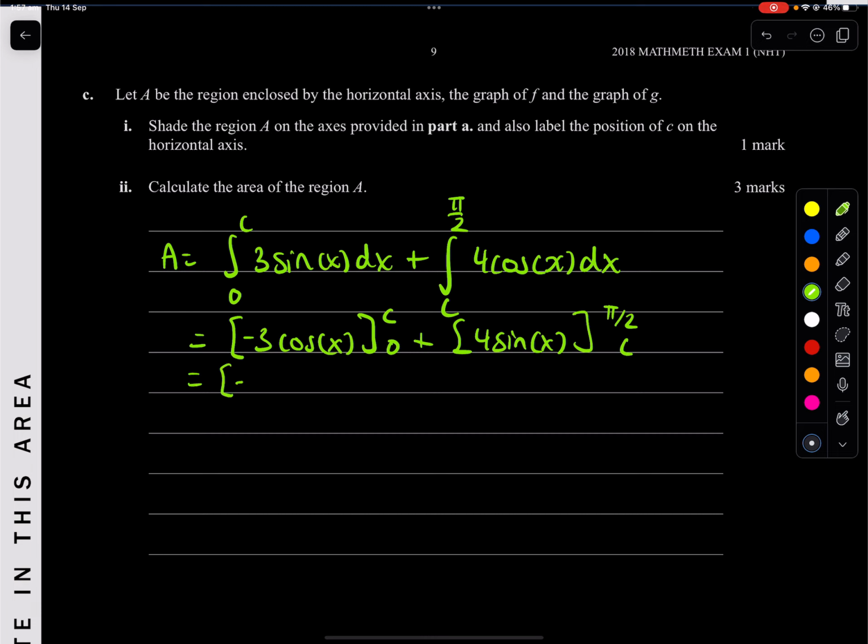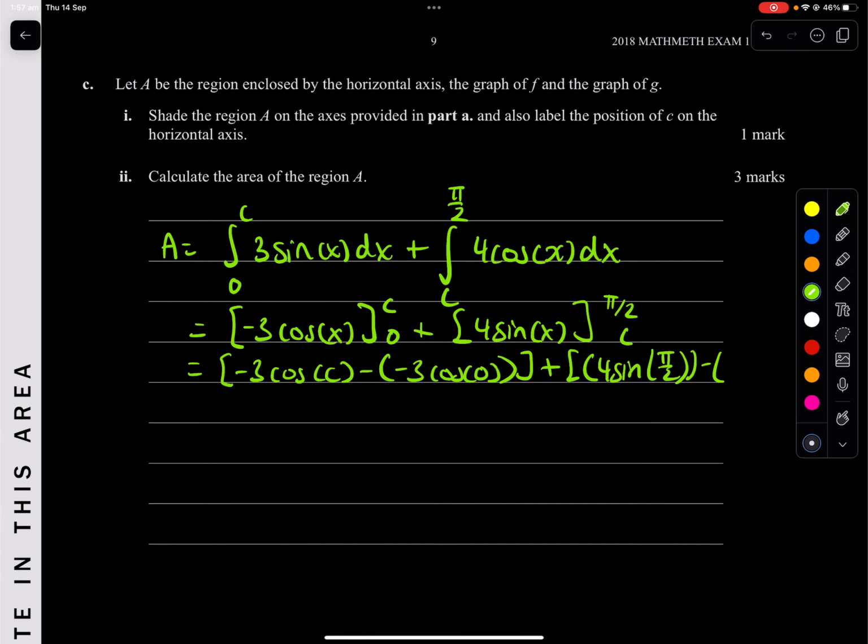And that will be negative 3 cos C minus negative 3 cos 0, plus 4 sine pi on 2 minus 4 sine C.